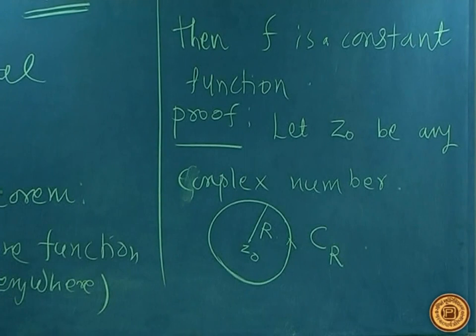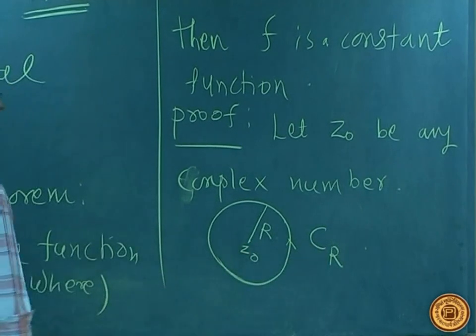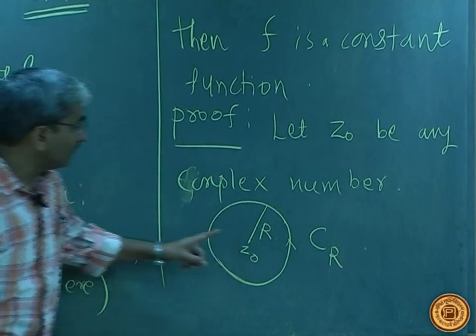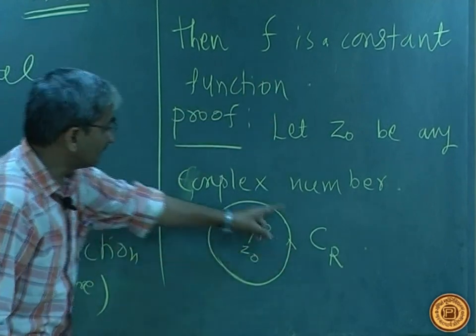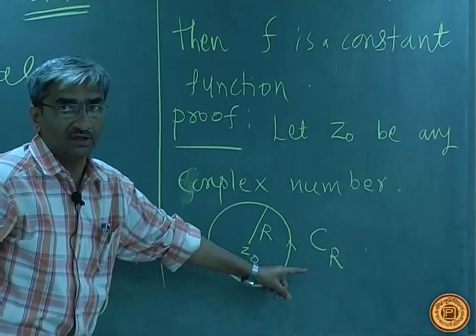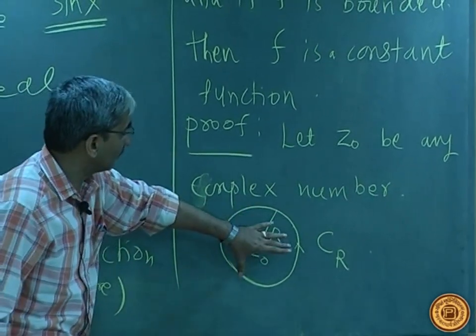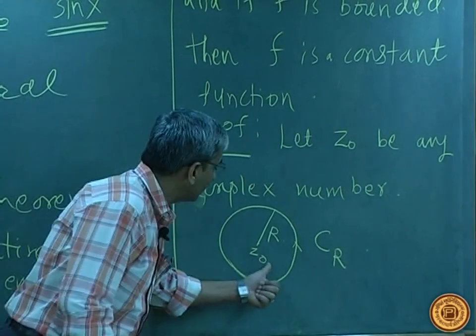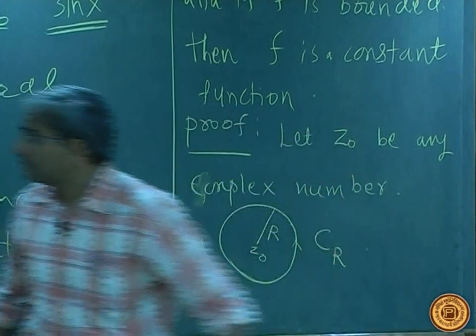So CR is the circle with center at z naught, radius r. Now we want to apply the Cauchy integral formula for f around this curve CR. It is a good symmetric curve because it is a circle. So what can you write from the Cauchy integral formula? It is already written there if you see here.